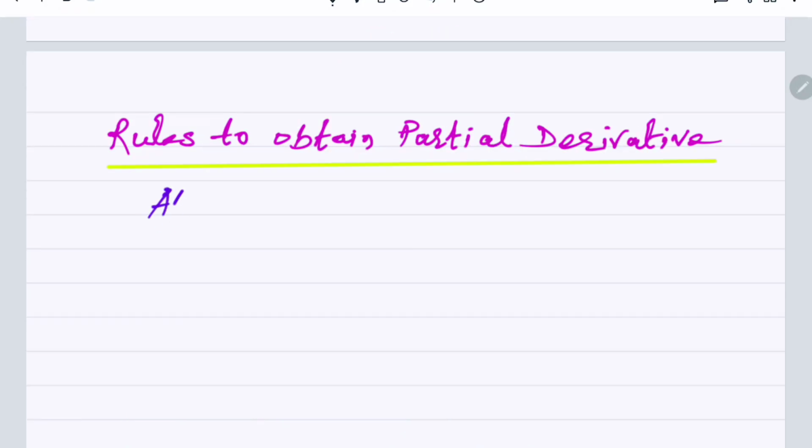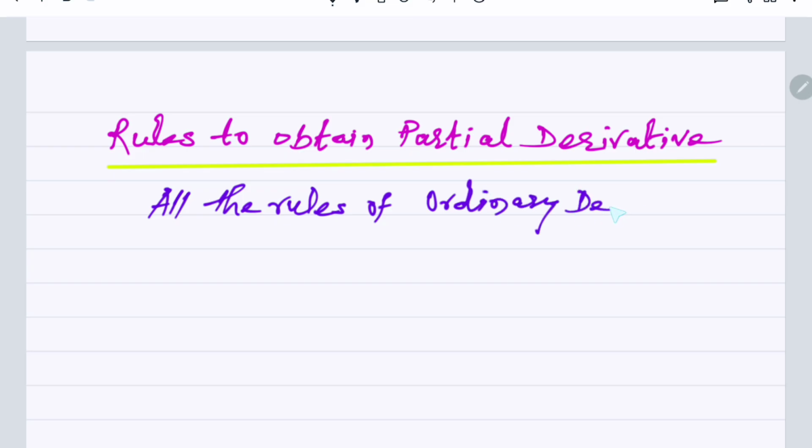Whatever the rules we are using to obtain ordinary differentiation, all those rules are applied as it is to obtain partial differentiation or partial derivative. We see one by one.